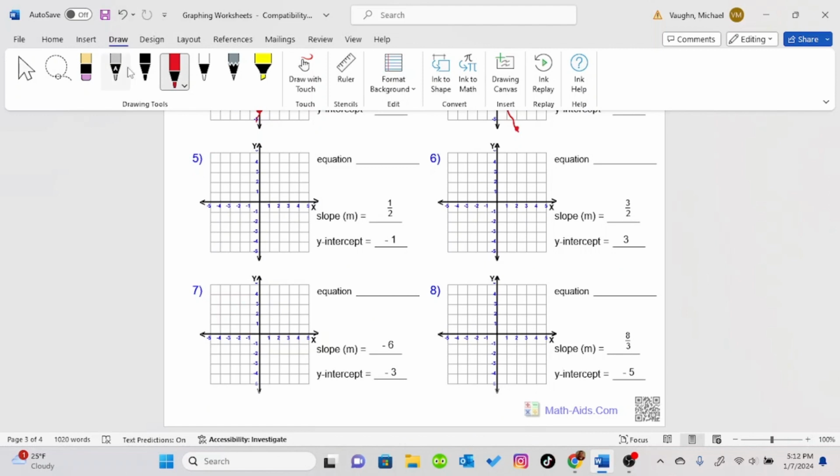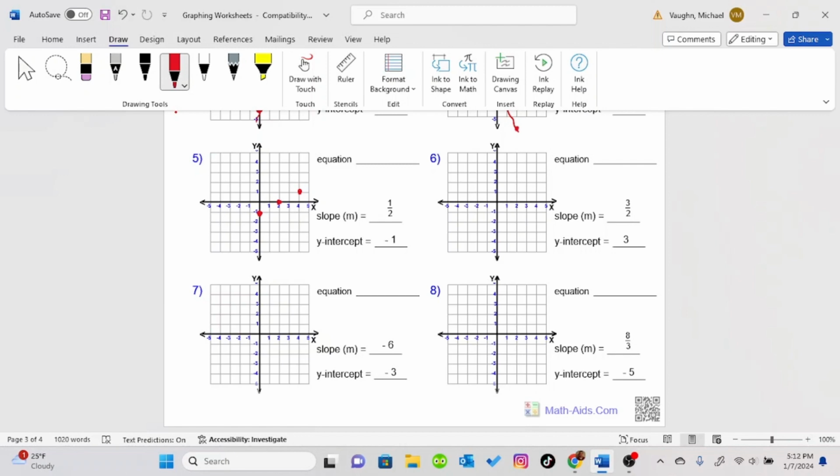Next, we have number 5. We can see the y-intercept is -1. Means we're going to go down to y equals -1 and put our y-intercept. Our slope is 1/2. That tells us to go up 1, right 2, and put our next point. And we can do that again. Go up 1, right 2. And we have our next 2 points.